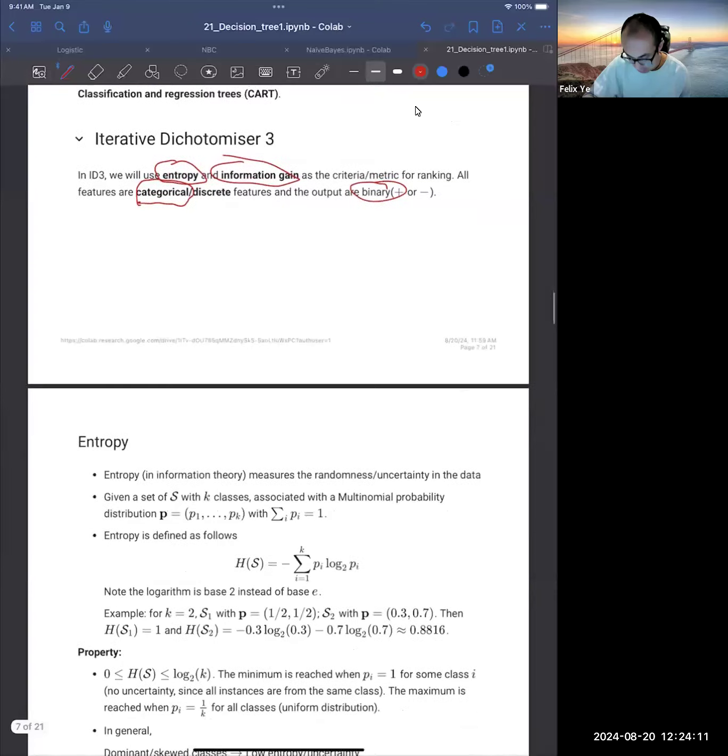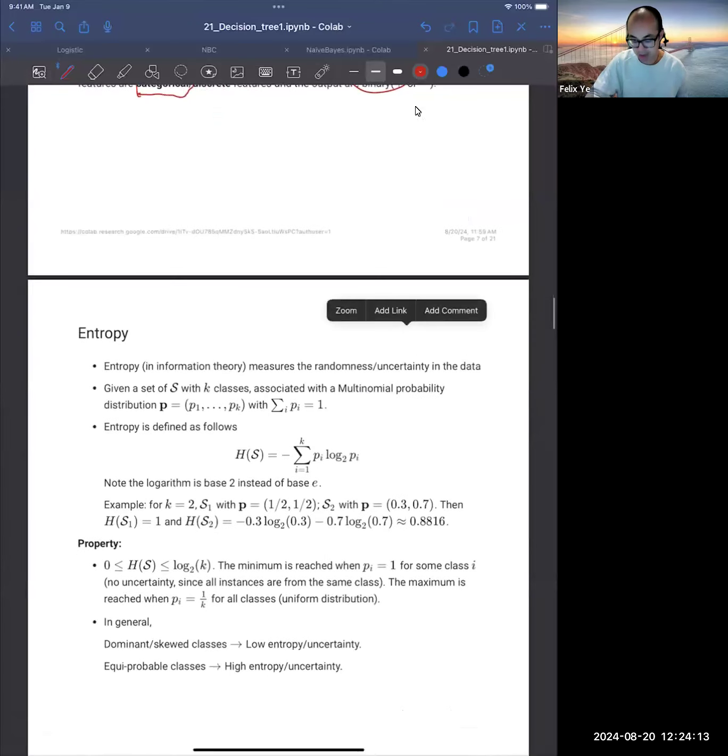Let me step back to introduce what entropy is in information theory. Entropy basically measures the randomness of the data.